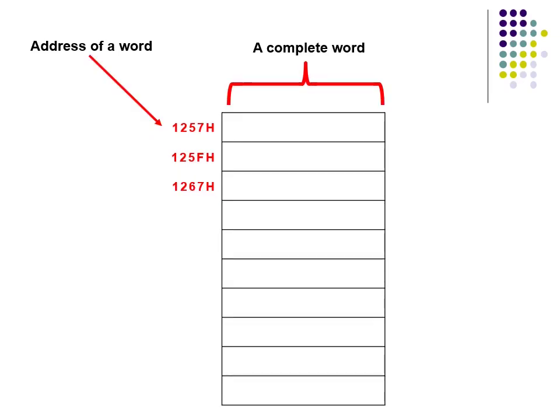The same previous memory diagram I have written again in a smaller size. So you can see here the first word address is 1257H and the next one is not 1258H. Why?